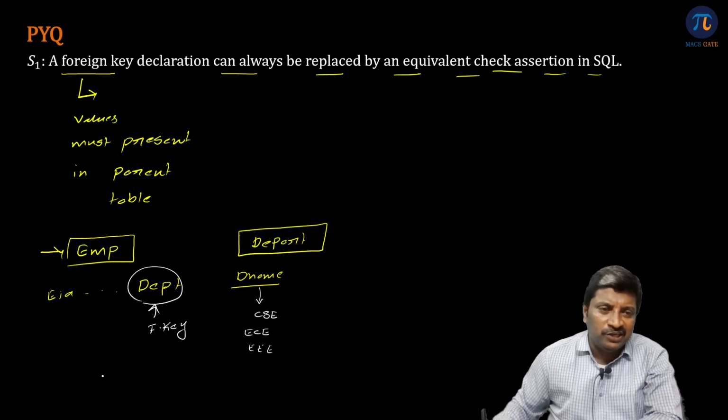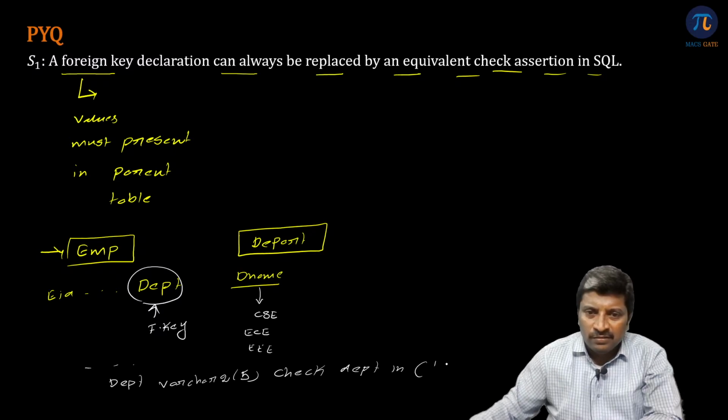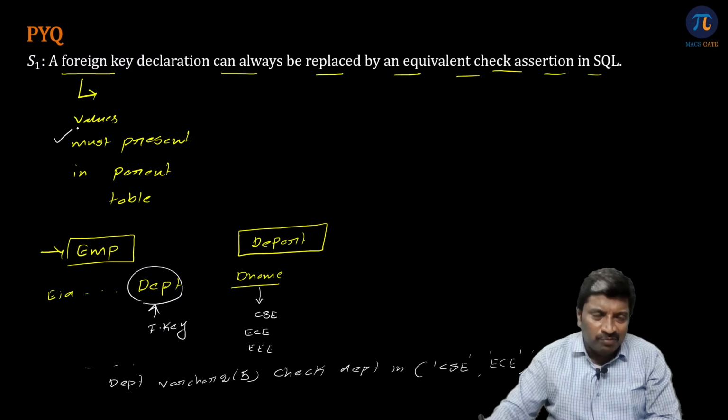Then their intention is when you are defining the table, department varchar 2 of some 5, check department in CSC, ECE, EEE. This is their intention, sir.